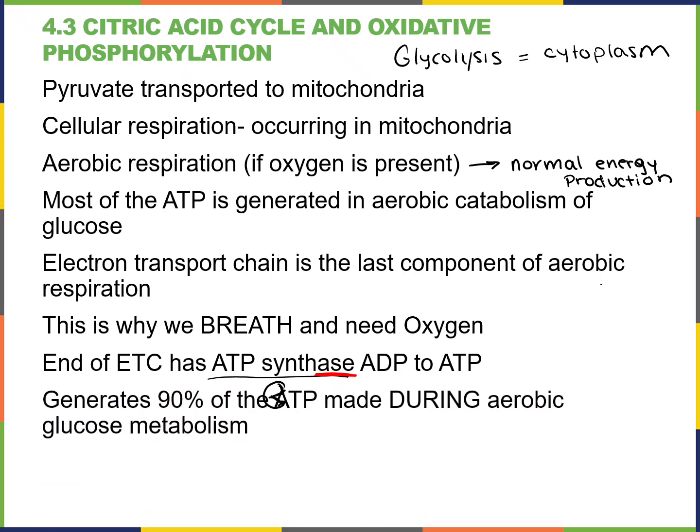And that generates about 90% of the ATP made during aerobic glucose metabolism. Okay. So oxygen plus sugar equals high ATP production.